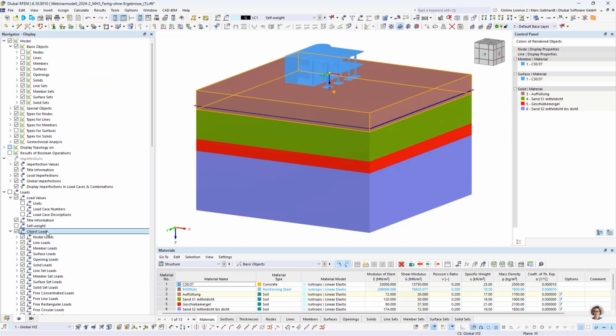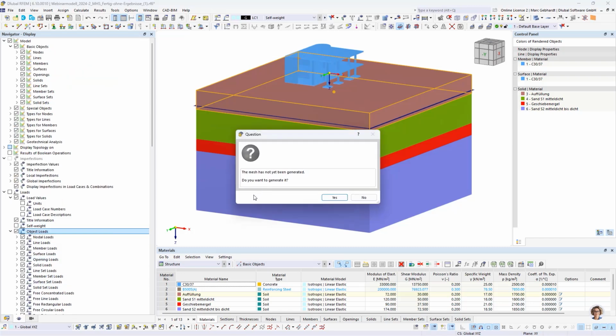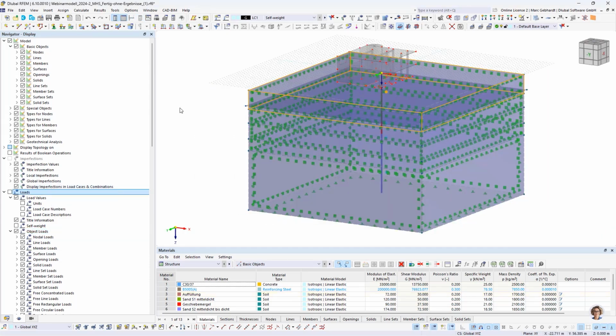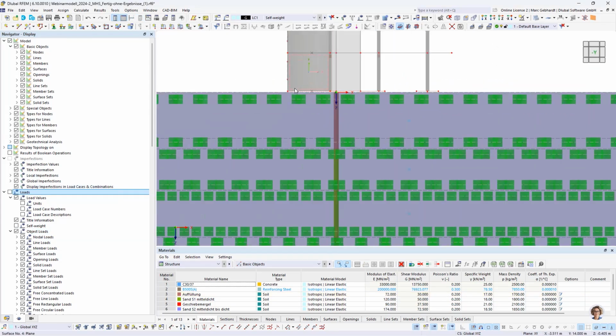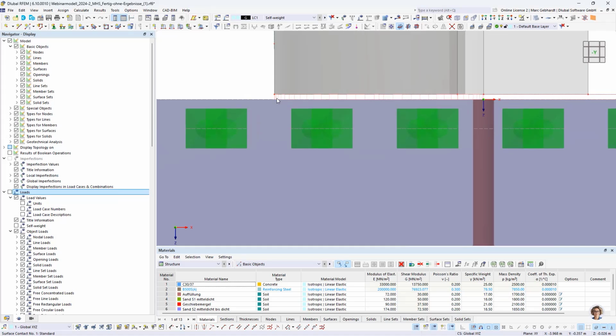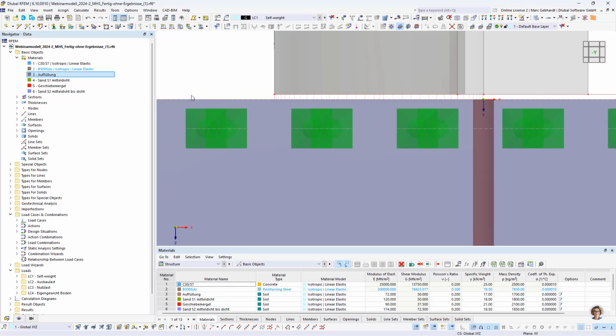Furthermore, we don't need any surface contacts anymore. At the moment, the building is 10 centimeters above the upper soil surface, and we don't need this anymore because the springs are generated automatically, finding the surfaces when they are on the upper surface of the soil massive.